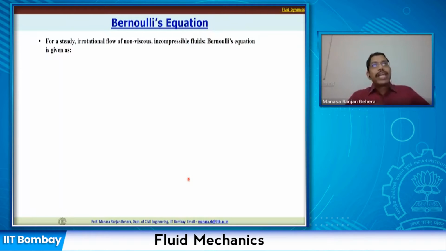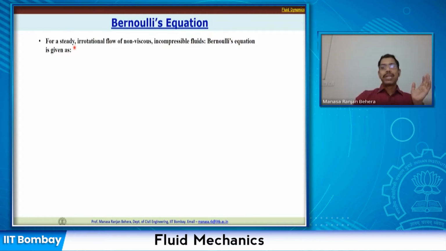So, for a steady irrotational flow of non-viscous incompressible fluid, we have already seen the previous equation, and now we are talking about a steady irrotational flow of non-viscous incompressible fluid. All this incompressible, non-viscous, irrotational we have already seen. Now we are telling it's a steady flow.